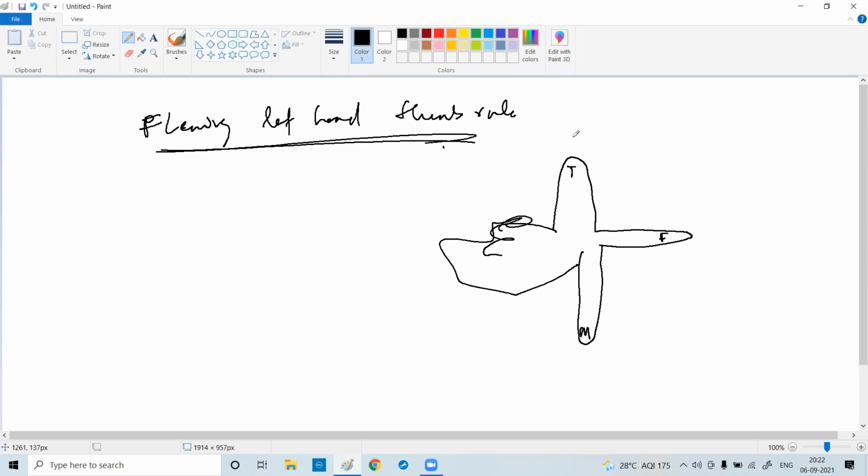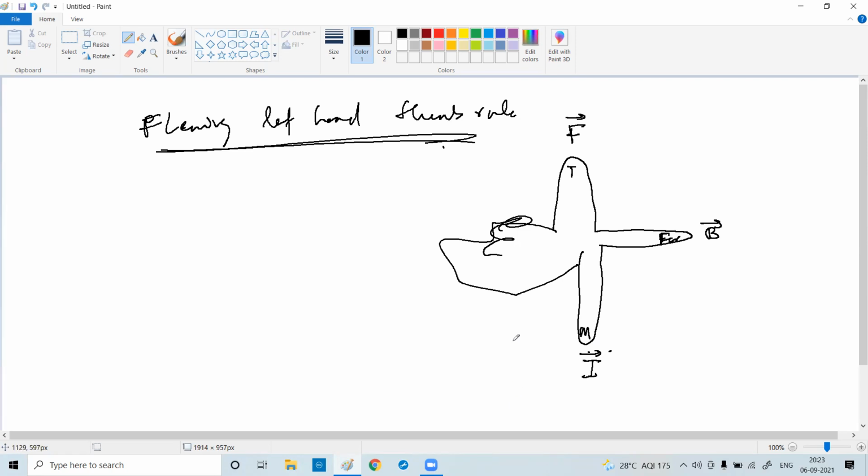So the thumb indicates the force. The forefinger indicates the magnetic field. And the middle finger represents the current. Is it clear?